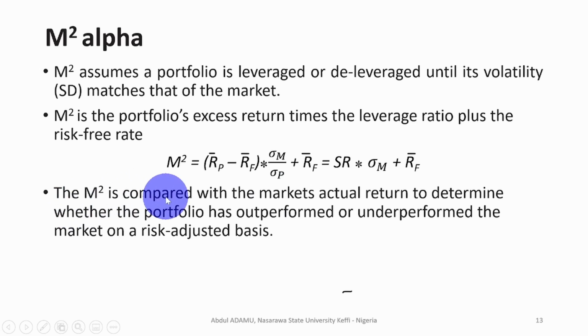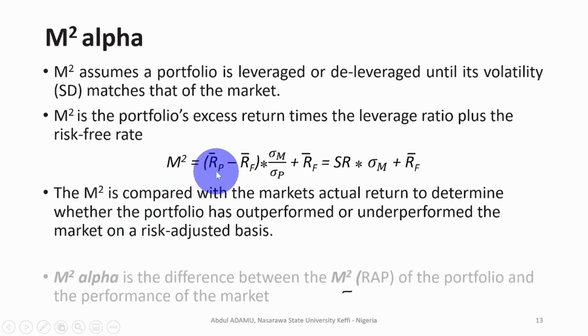So once the MSquare is computed, we normally compare it with the actual market return. If we compare it with the actual market return, we'll be able to determine whether the portfolio has outperformed or underperformed the market on a risk-adjusted basis.